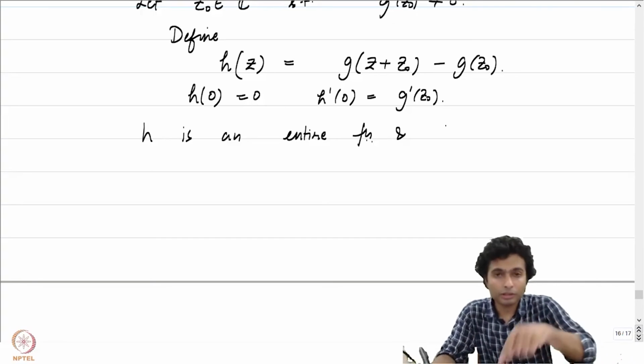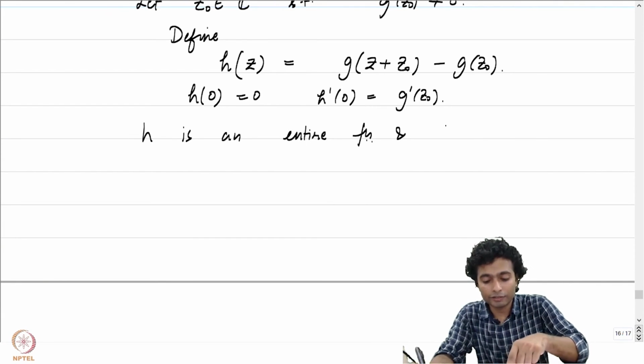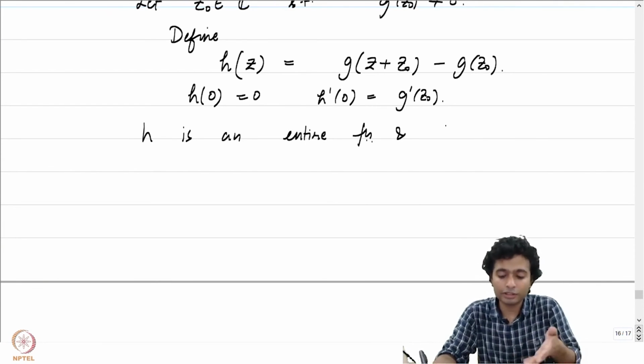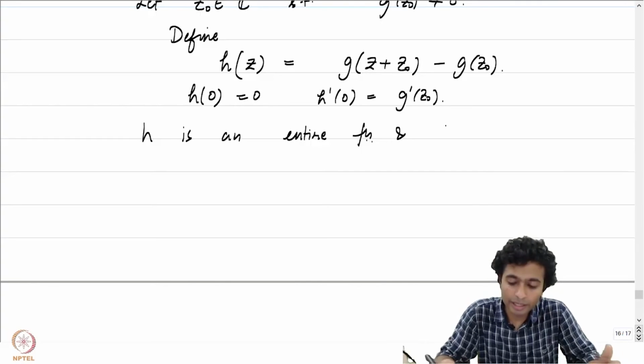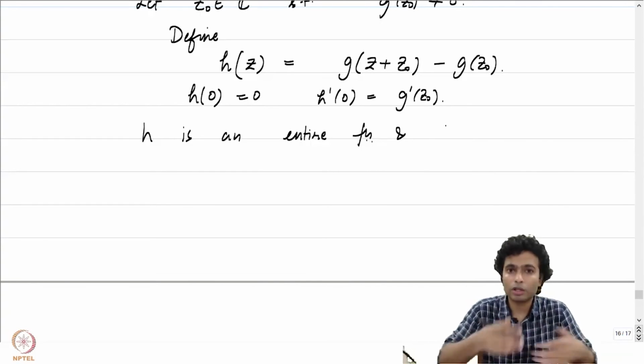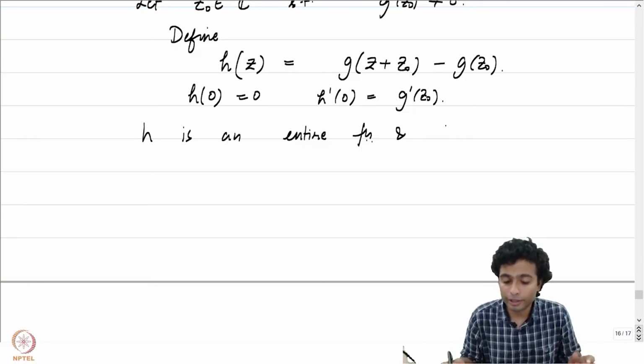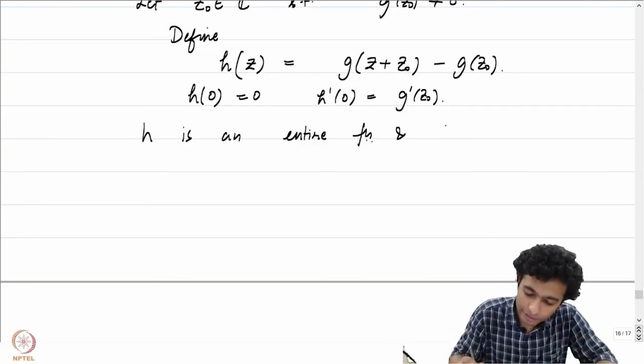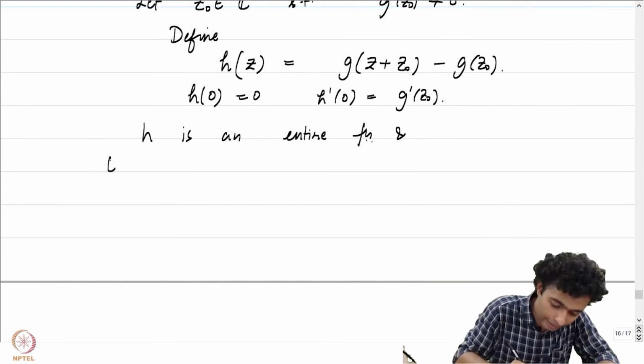Since the image of g does not contain a disk of radius 1, and h is obtained by pre-composition and post-composition of g by translations, this will also certainly not contain a disk. So, that is an exercise for you.